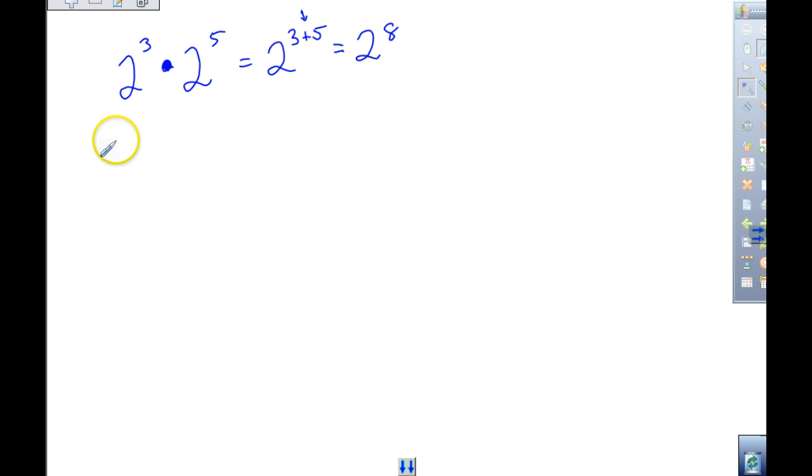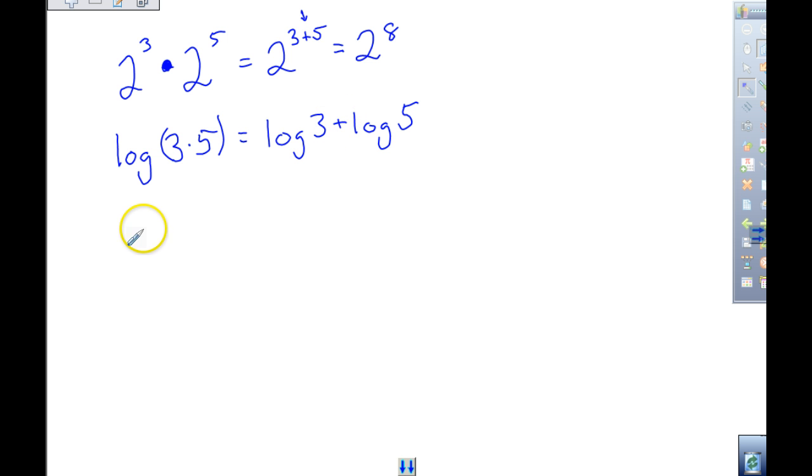So if we ever have a log of two numbers being multiplied, like so, it's going to be the same as those individuals' logs being added. Of course, these are all base 2. That's just the number we chose here.